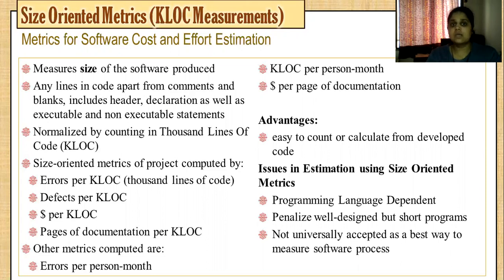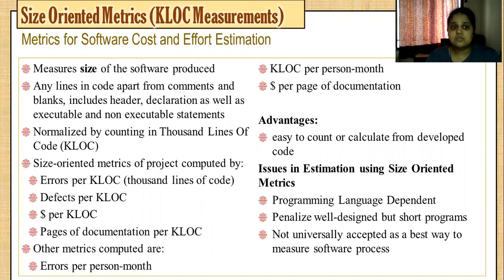So these things you can find out using the size estimation. Now, the two common methods of size estimation are line of code and function count. We will first look at the line of code method or metrics for software size measurement. It is also called KLOC measurement.